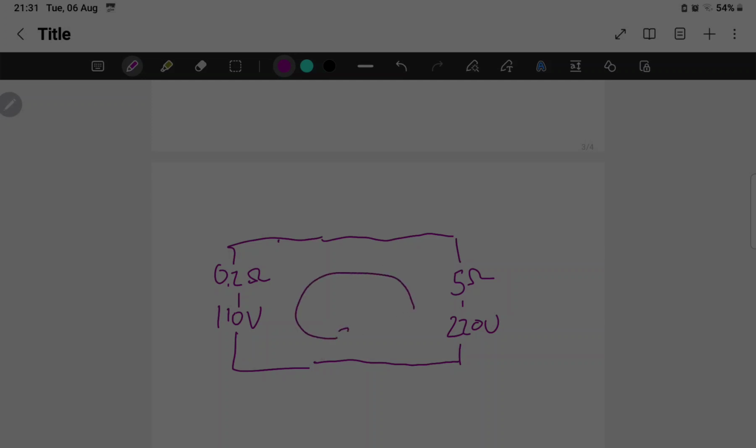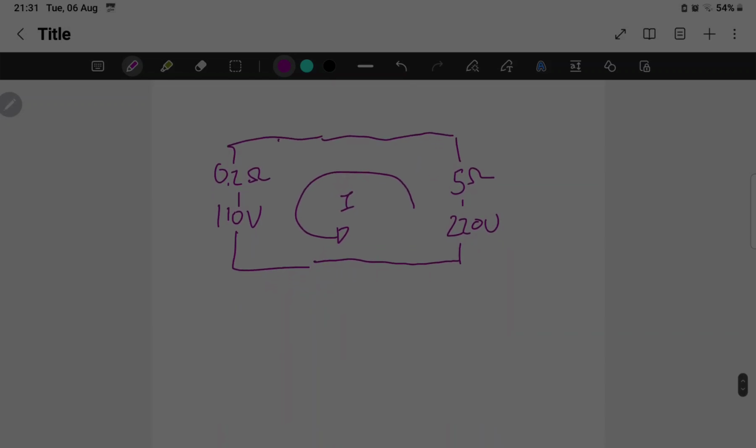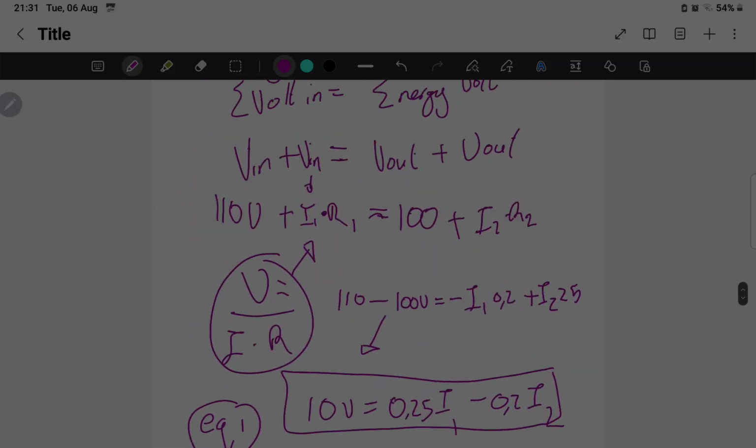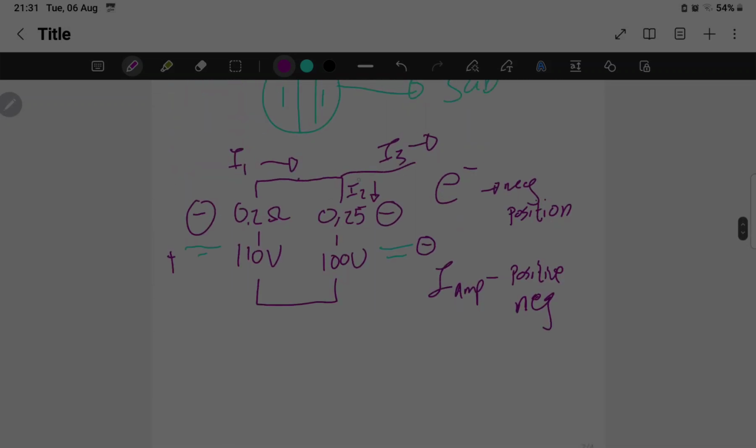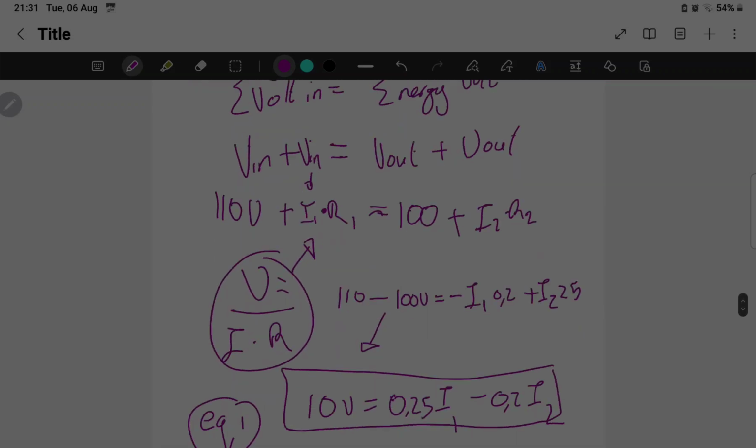Now let's solve for this equation here. What we have here is I3, and over here we have I1. So I1, I2, I3, and I2 is here in the center.